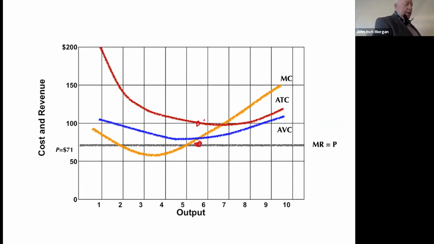So again, between these two lines right here, I'm contributing more to pay salaries or raw materials or what have you than the price. I'm not only covering my fixed costs, but I'm also covering a portion of my variable costs. And so it would benefit me to shut down and just pay my fixed costs rather than trying to pay fixed costs and the gap between my variable costs.